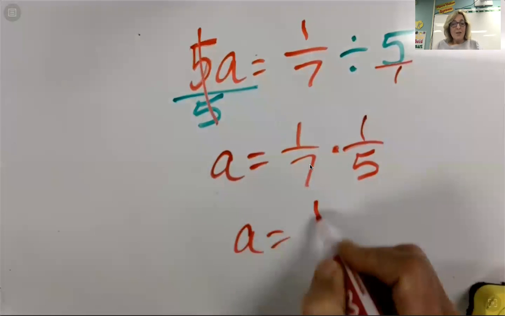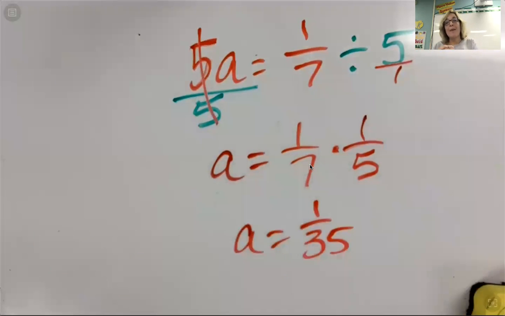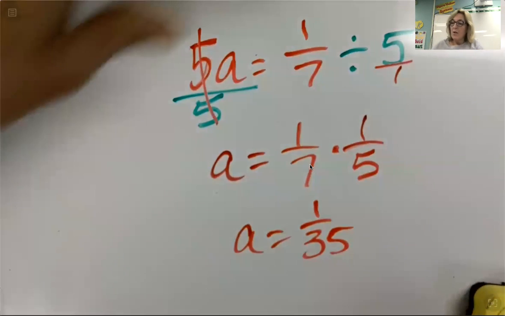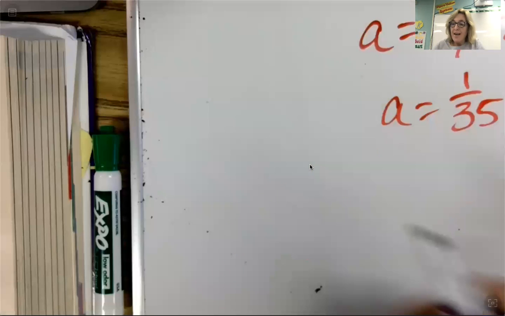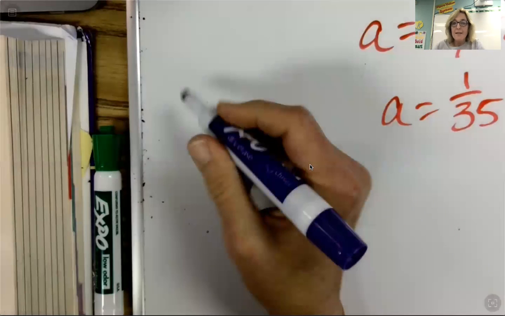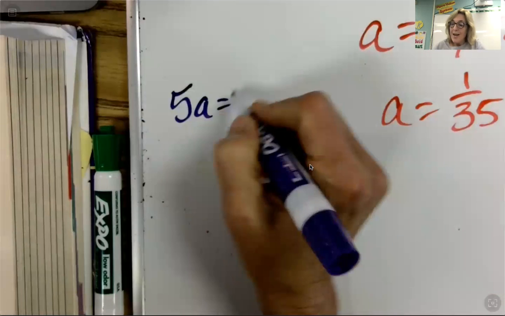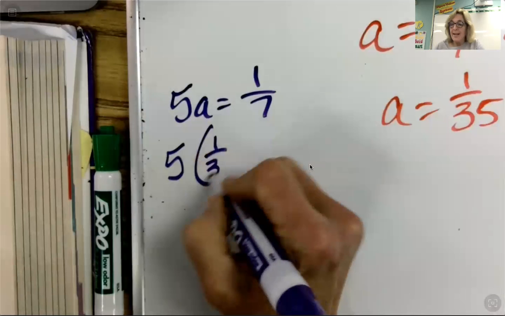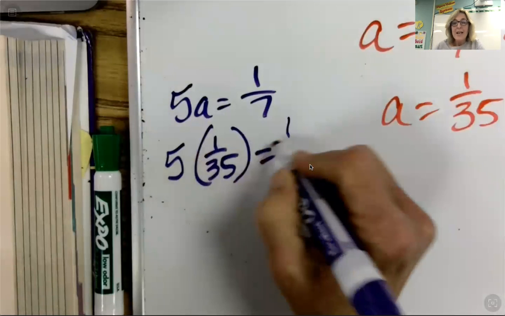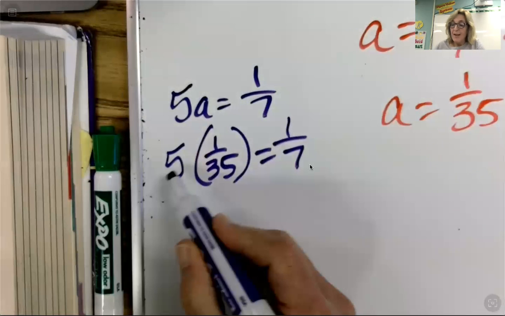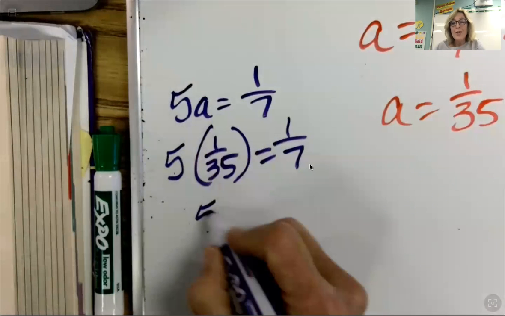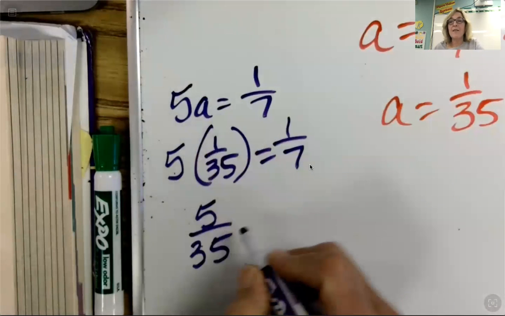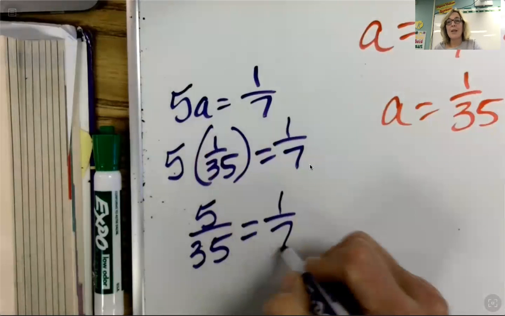Now let's go back to the original equation and see if that makes sense. The original equation said 5A is equal to 1/7. Well, if A is 1/35, does that make sense? Yes, because 5 times 1/35 would be 5/35, which would simplify to 1/7. So it is a true equation.